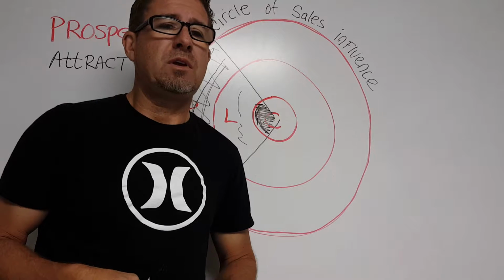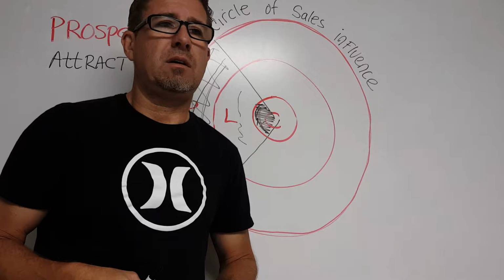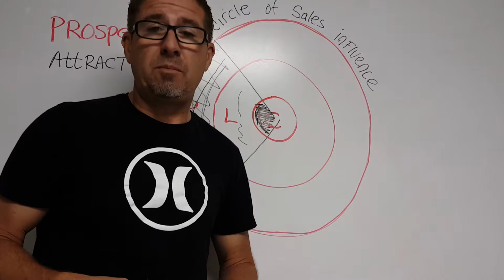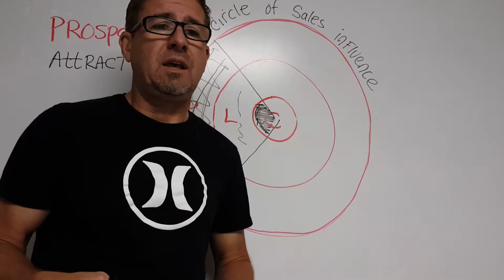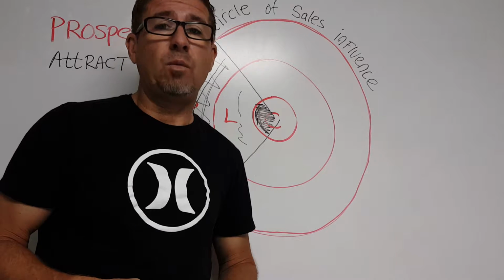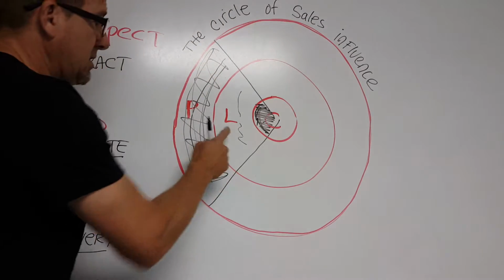Maybe you want them to just listen to what you have to say, be an audience, get some feedback from these people. But at some point, they may turn into somebody who is interested in what you have to offer. And at that point, it's called a lead.